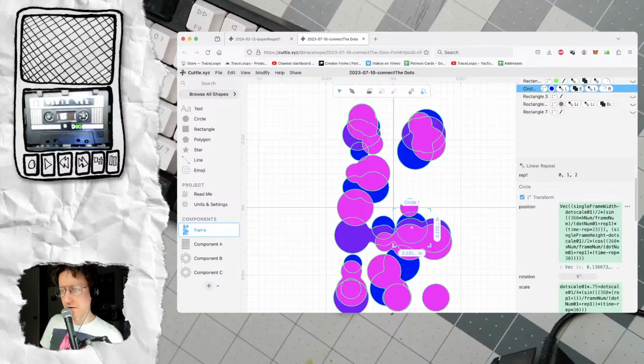Times sine 360 divided by horizontal number, that's its own deal, divided by frame number, divided by dot num times time minus rep.